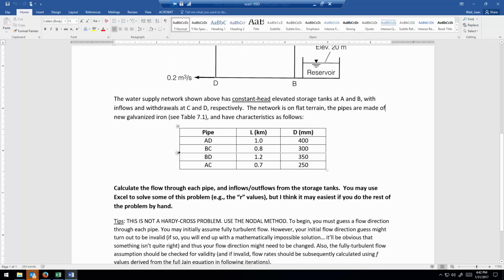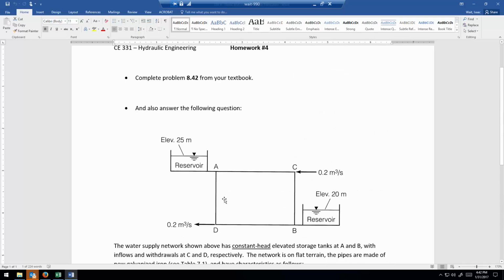I think it's reasonable to use Excel to calculate R values, and we'll talk about what R values are in class next time. But I think this actually isn't a problem that I've ever solved using Excel before. I'm sure you could, but once you get a few parameters calculated with Excel, it maybe makes the most sense to solve it on paper.